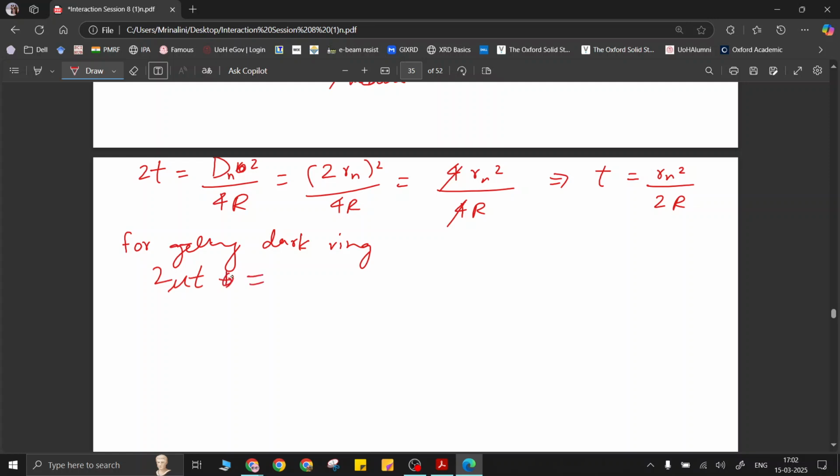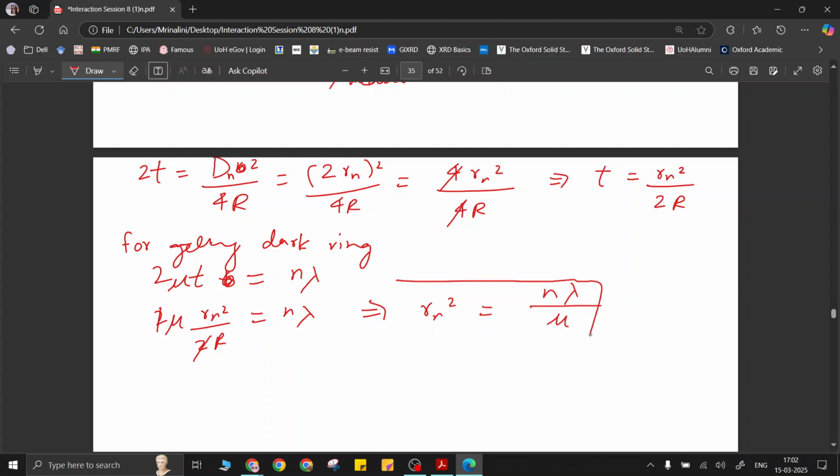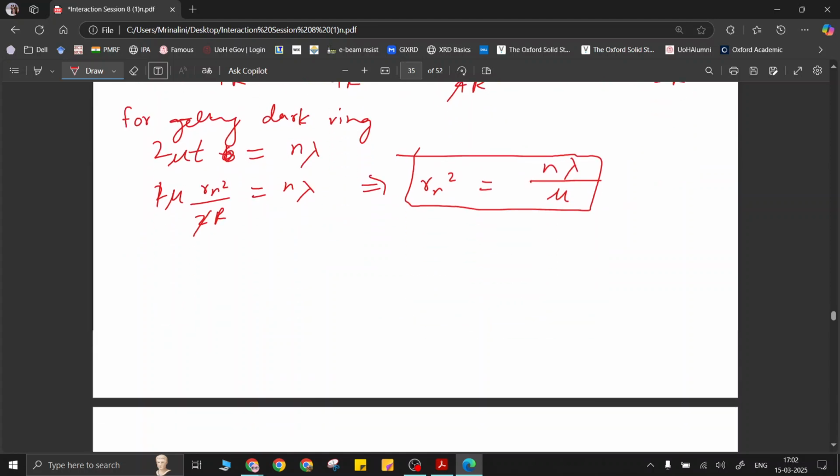That's why the condition changes and becomes n lambda for a dark ring. And when I put the value of t, it will be 2 mu rn squared divided by 2r is equal to n lambda. From this, rn squared, the 2 in the denominator and numerator will cancel, we'll get n lambda by mu. So we'll use this particular formula here.